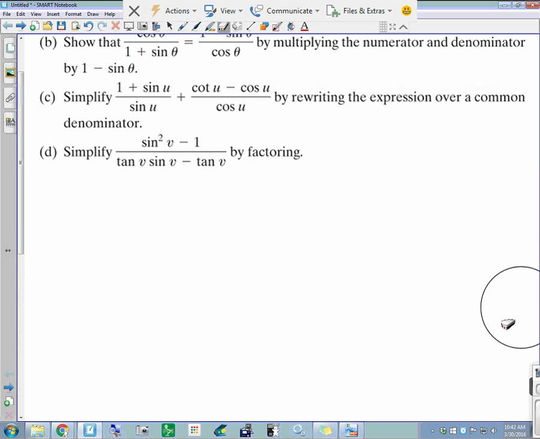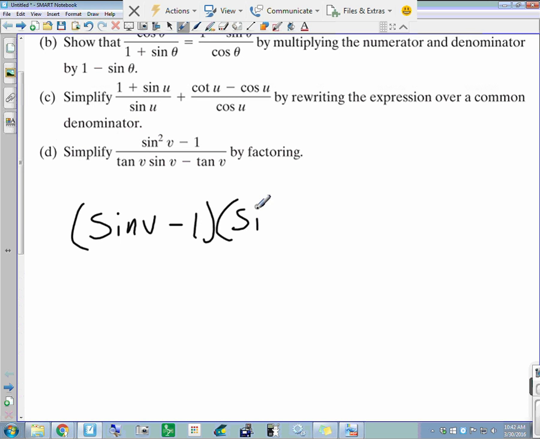Okay. So, want us to simplify by factoring. Okay. So I got sine squared minus 1. Now, you have to recognize, being a polynomial, that this is a difference of two squares, isn't it? Because you got something squared here and 1 is squared, so I could rewrite the numerator as sine v minus 1 multiplied by the sine v plus 1.